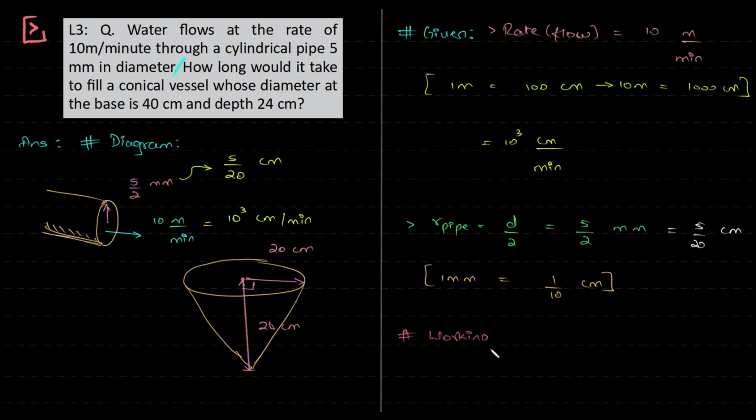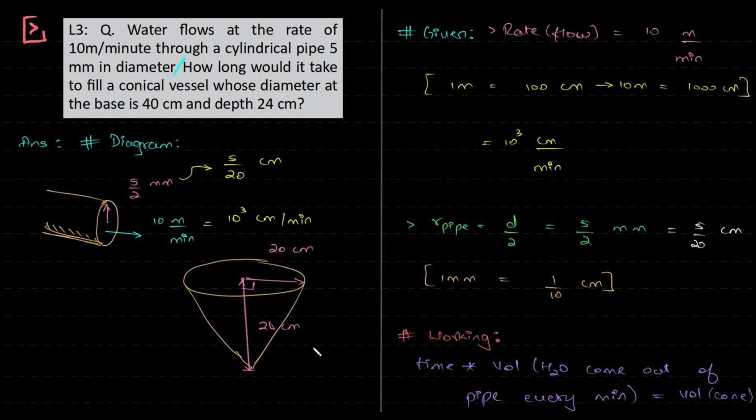Which begins with writing the required formula, that is volume of the water. The funda is quite simple. The time that takes into the volume of water that comes out of the pipe every minute will give us the volume of the cone.